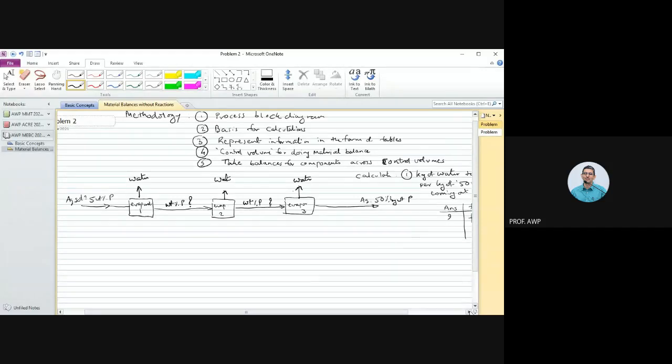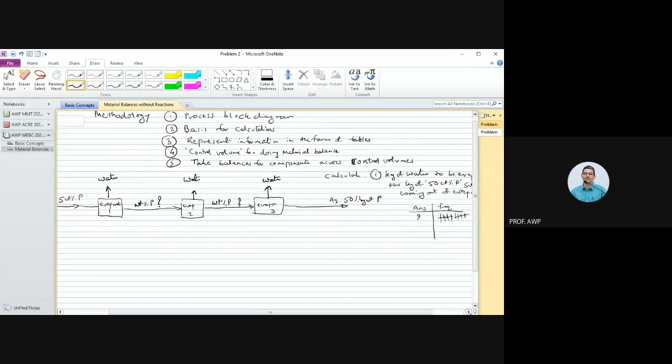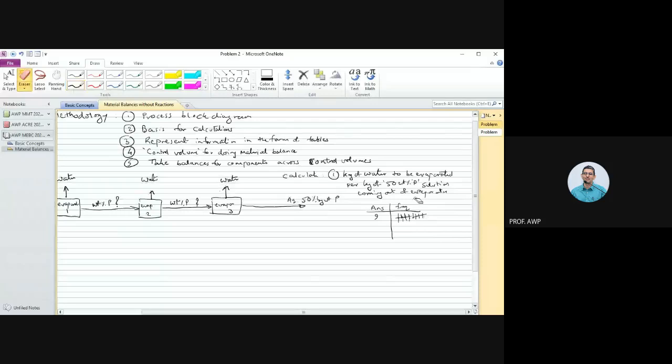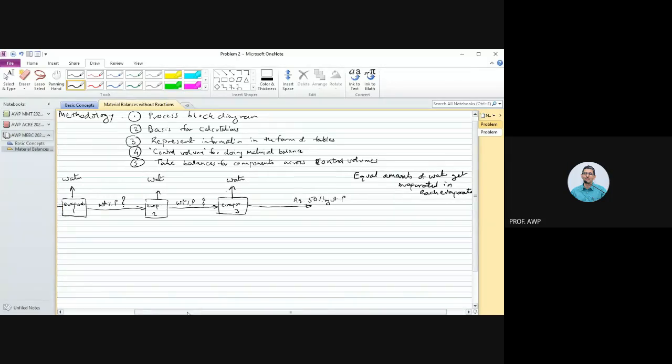I'm going to tell you that equal amounts of water get evaporated in each evaporator. Okay, is the problem clear now?